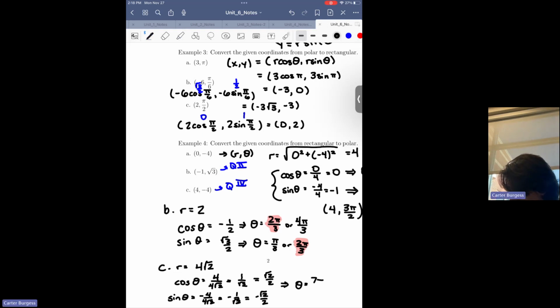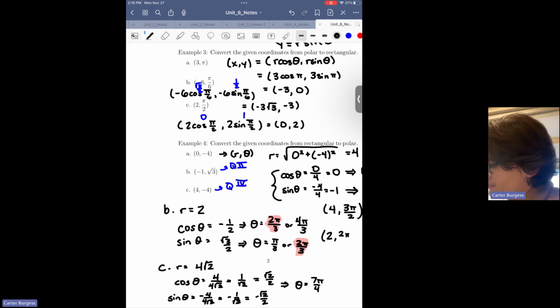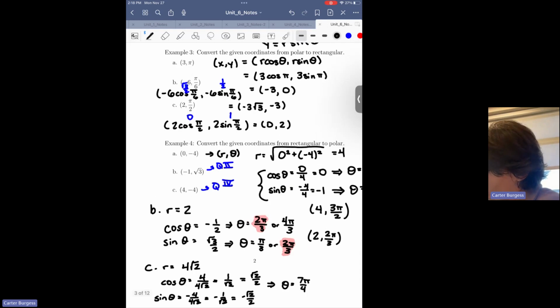Theta is going to be 7π/4. Of course, our final answer should be the point itself, not just the individual pieces. And so for B, our answer would look something like (R, theta). And for C, our answer would look something like (R, theta).